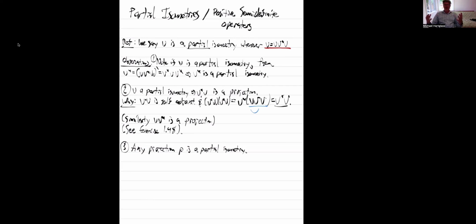We kind of view projections as very static partial isometries, as we'll talk about soon. And partial isometries in general, we view as being more dynamic in that they move a piece of my space isometrically onto another piece of my space. And in fact, that is the next thing we're about to show after a key definition.